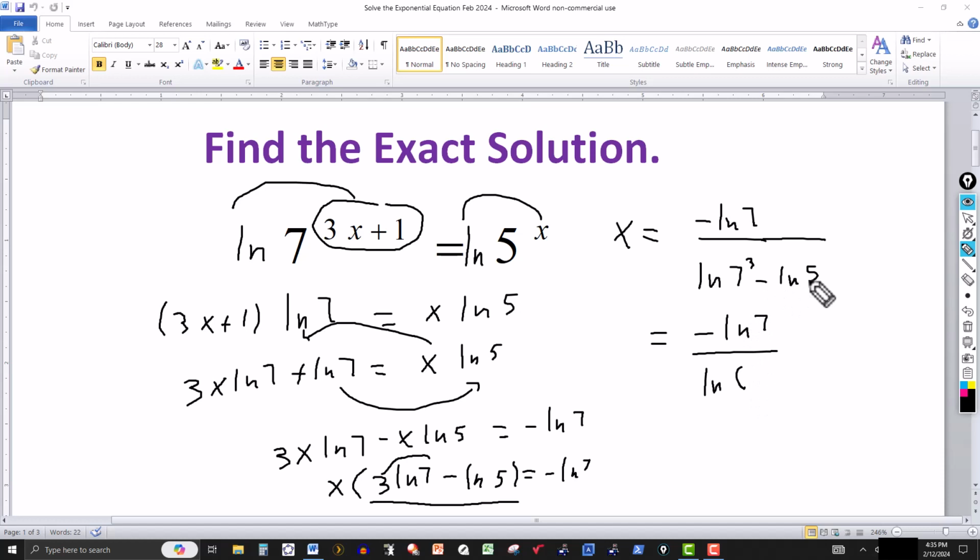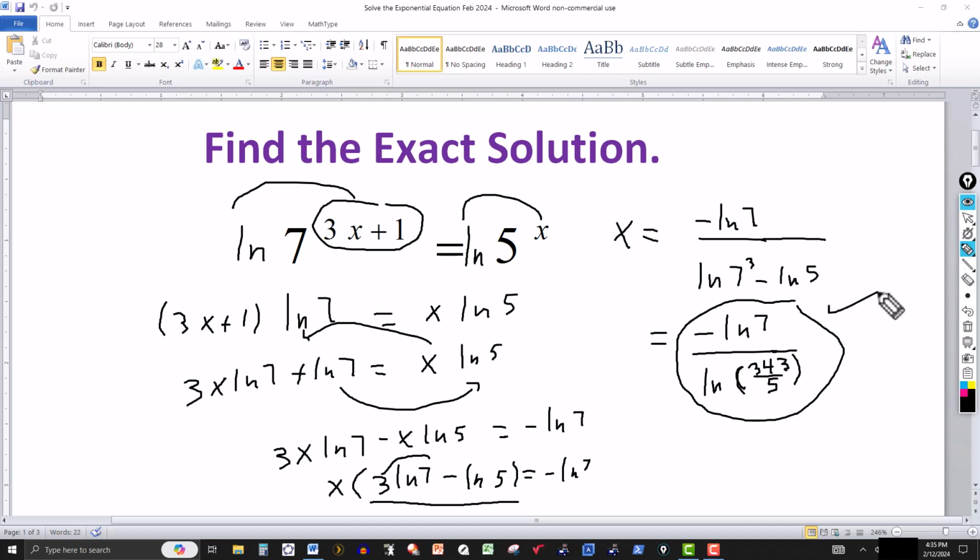That's again a property of logs. 7 to the third is 343, and that's over 5. Now this is your exact answer: x equals minus ln of 7 over ln of 343 over 5.